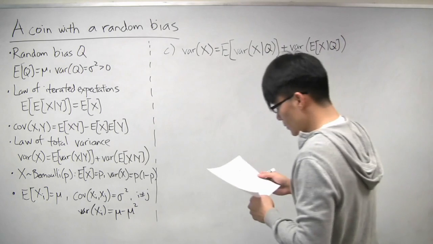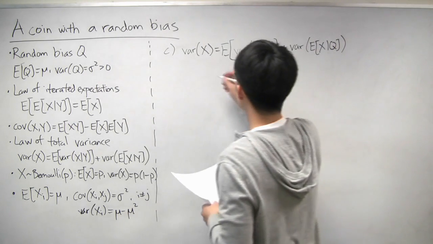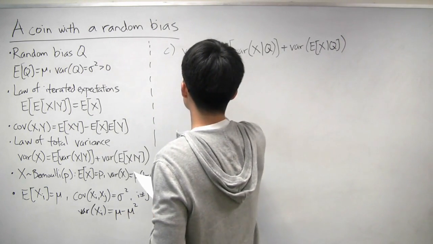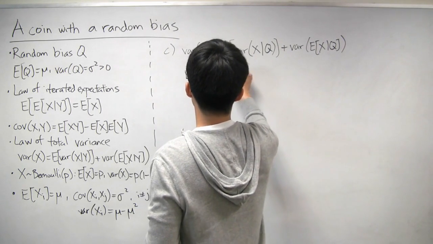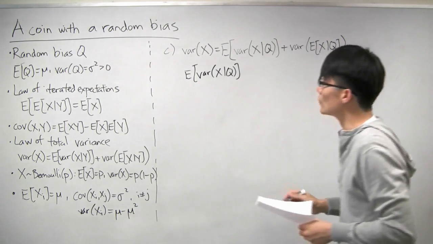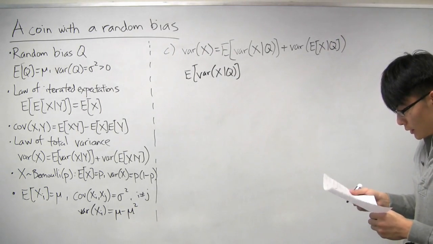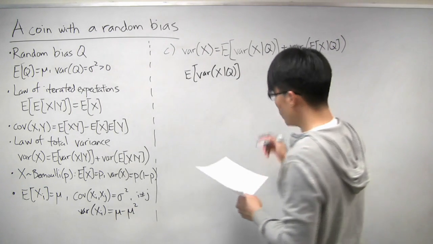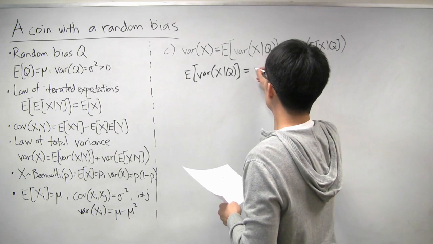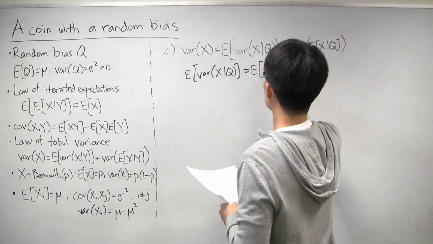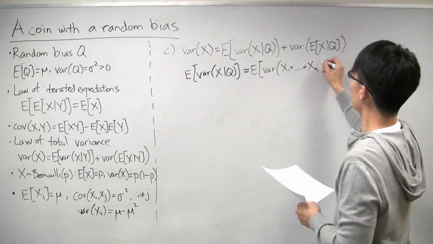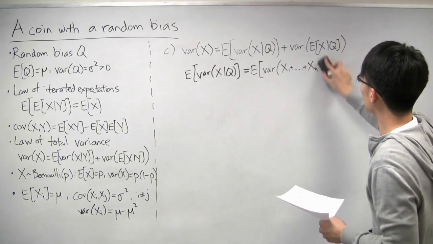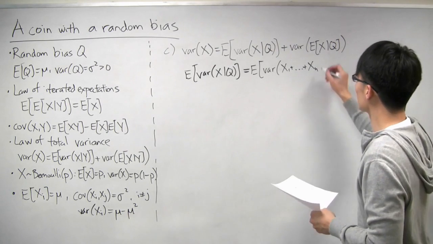Okay. Let's calculate what these two things are. So let's do the two terms separately. What is the expectation of the conditional variance of x given q? Well, we can write out x, because x, remember, is just a sum of a bunch of these Bernoulli random variables.